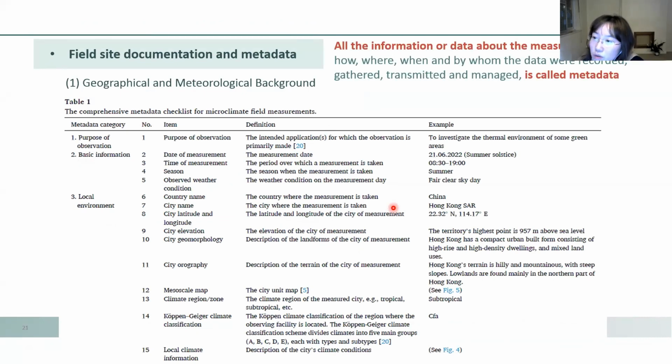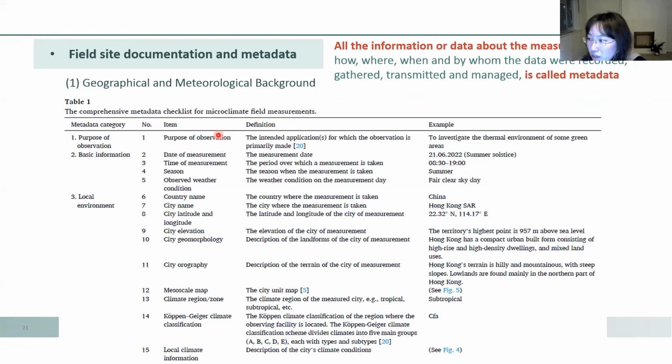So for the site documentation and metadata, our guideline provides a metadata checklist like this. From the WMO guidelines, metadata means all the information or data about the measurement data. We call it metadata. For this checklist, we refer to the WMO metadata standard and review studies.